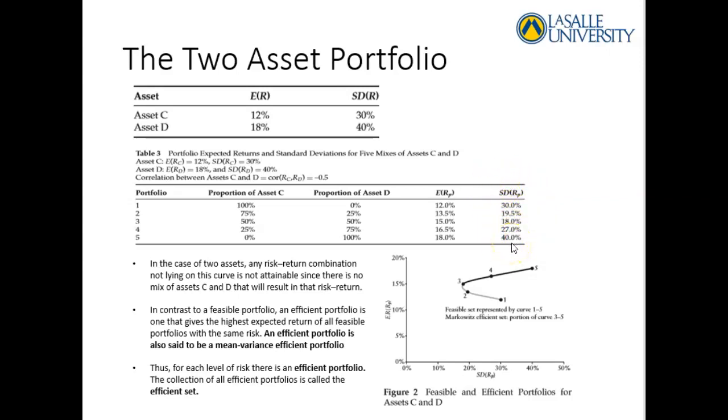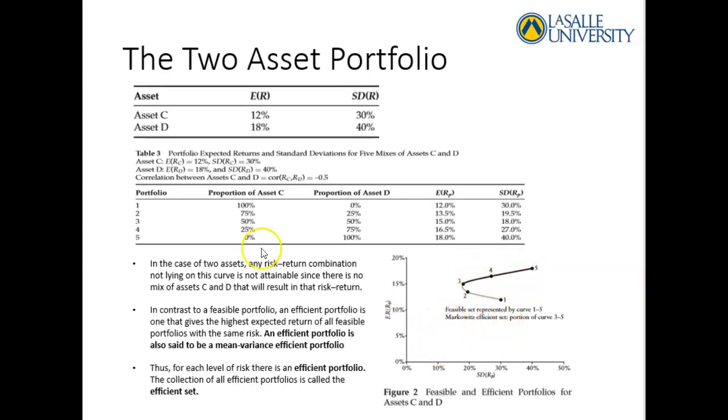So if you draw these 5 different portfolios on a graph where the y-axis represents the expected return and the x-axis represents the risk, or the standard deviation, of the portfolio, then you form a curve-like figure, which looks like a boomerang.